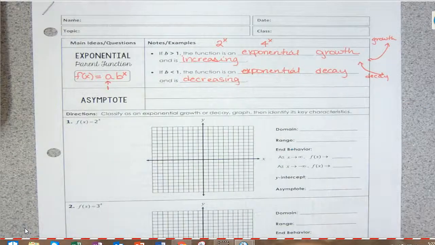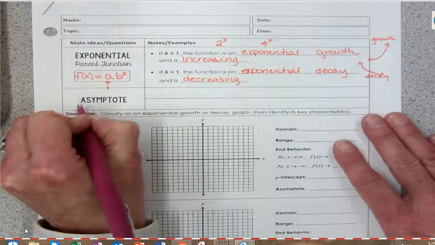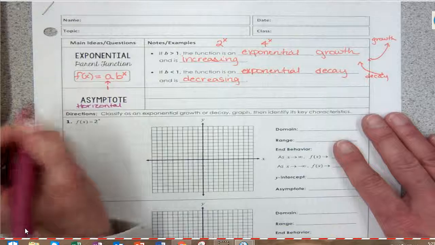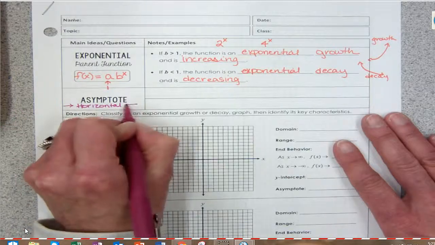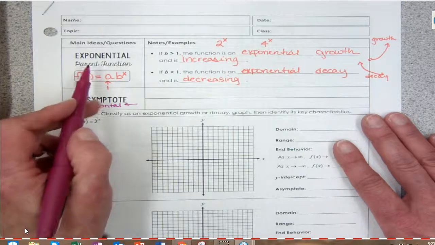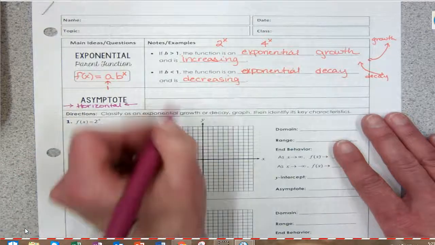All right? Now we know that an asymptote is a line, and we are only going to be talking about horizontal asymptotes. In exponentials, they're only horizontal. I know we've talked about vertical and horizontal, but when we've got exponential growth and decay, we're only talking about horizontal asymptotes.